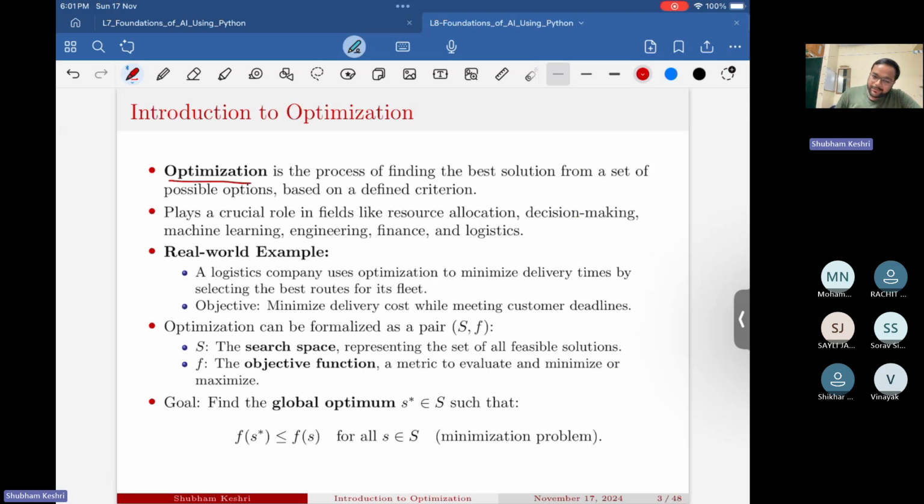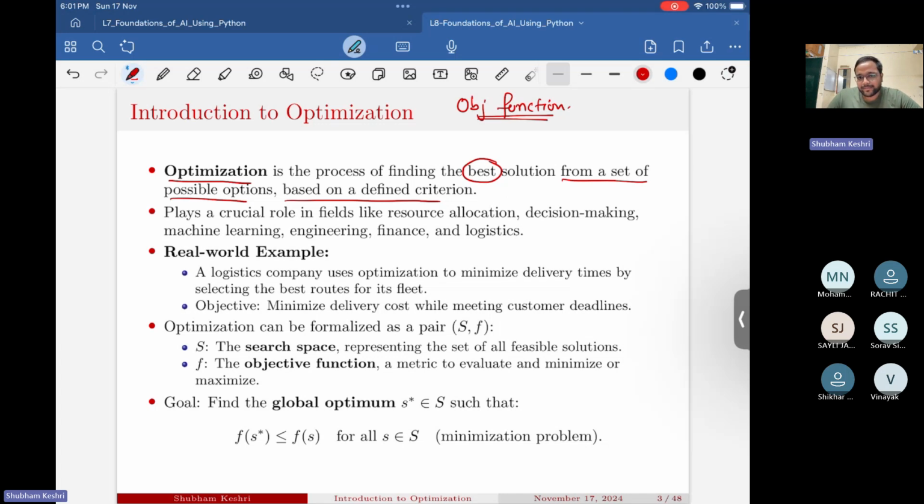Optimization is actually a decision process in which we are trying to find the best or close to best solution among a bunch of solutions from a set of possible solutions based on defined criteria. So you will have one objective function and you are trying to either maximize or minimize.